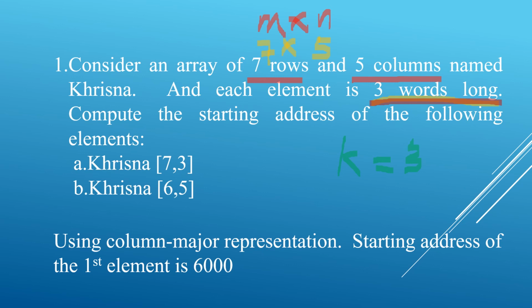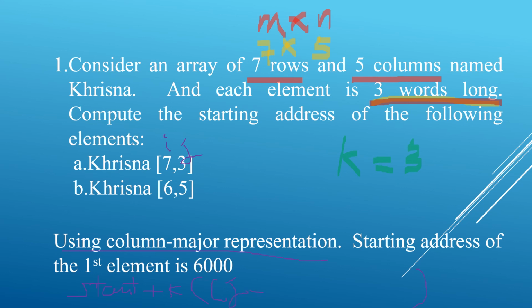You're going to compute for the starting address of these elements. What's the starting address of the element Krishna 7-3? So, i is 7 and j is 3, using column major representation. Follow the formula for column major: start plus k multiplied by the term.